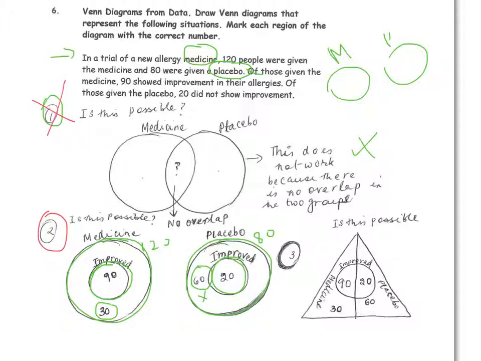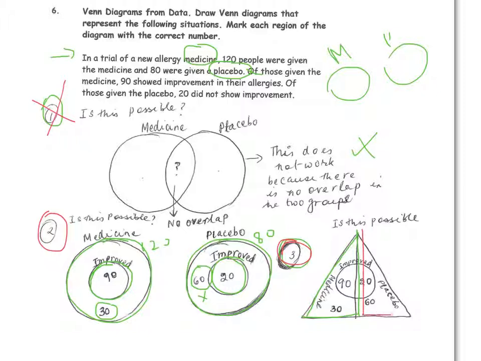So let's look at situation 3. So we have 3, and look at this representation. So basically, with Venn diagrams, we can use any geometrical shape. So what we did here in this third possibility is we took this green triangle to be all the people who took the actual medication.